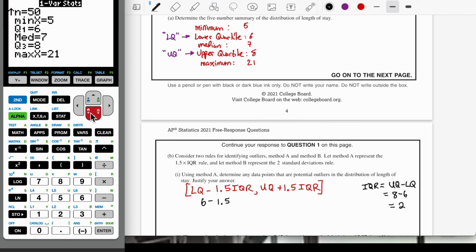So I'm taking 6 and subtracting from it 1.5 times 2. Then I'm taking 8, adding to it 1.5 times 2. Run the numbers. 2 times 1.5 is 3. So 6 minus 3 is 3. 8 plus 3 is 11.